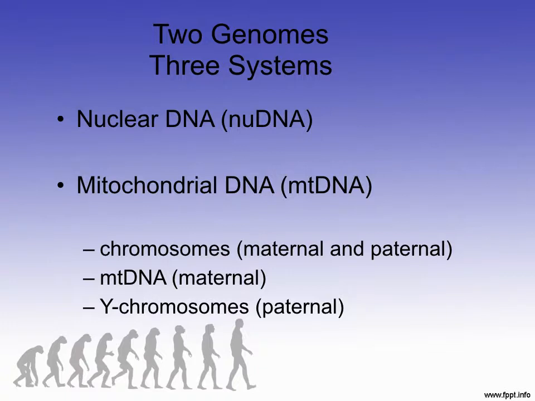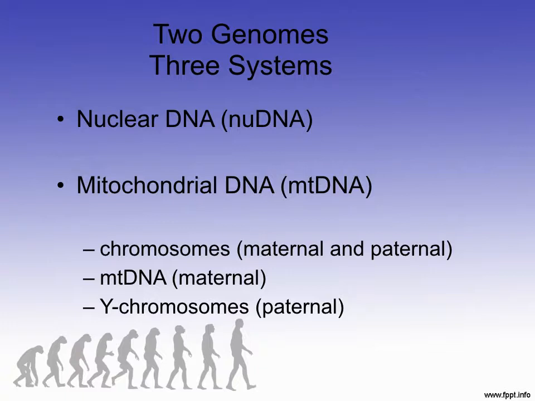And then, going back to nuclear DNA, we have Y chromosomes. Of course the Y chromosome is passed from father to son. Females are XX, so have an X chromosome from mom and an X chromosome from dad.